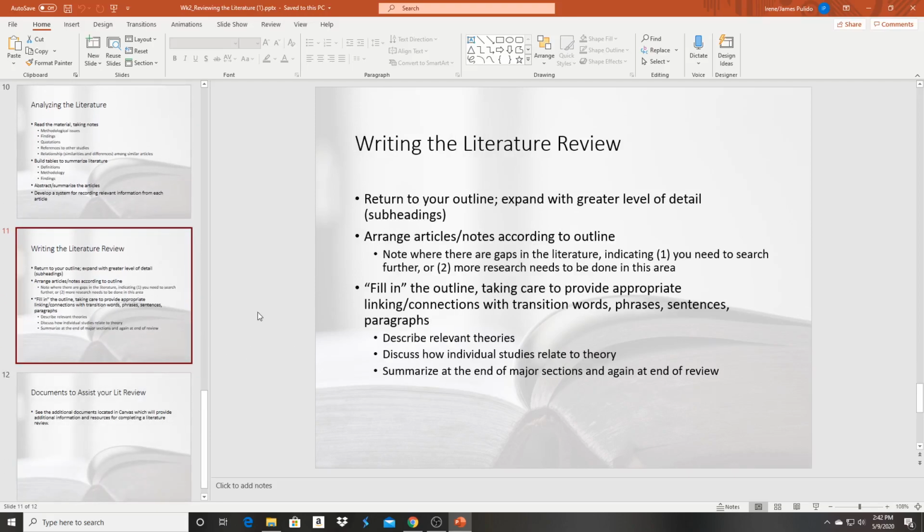Writing the literature review. What I want you to do for this assignment in literature review in our course is to write an abstract for each one. So get into the habit of doing that, because when the ones that come to the surface are relevant to your study, you want to write a little blurb.